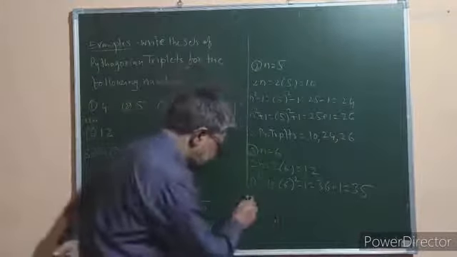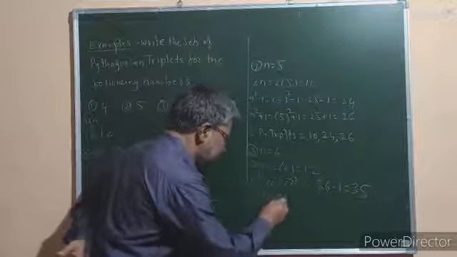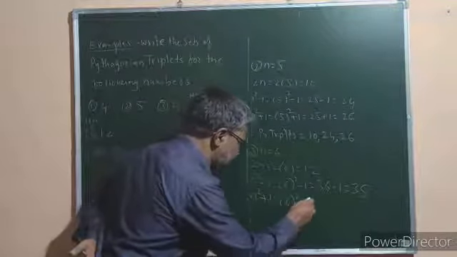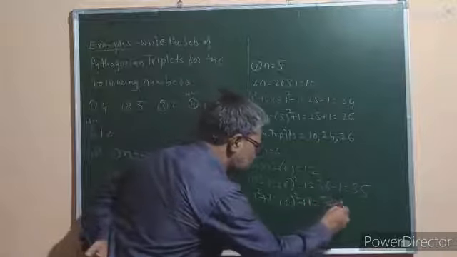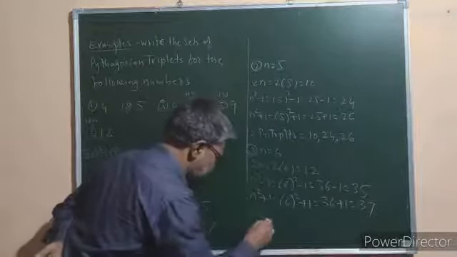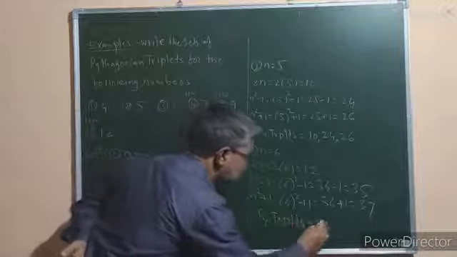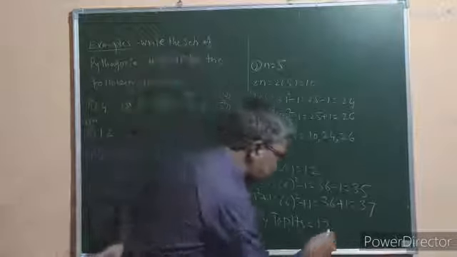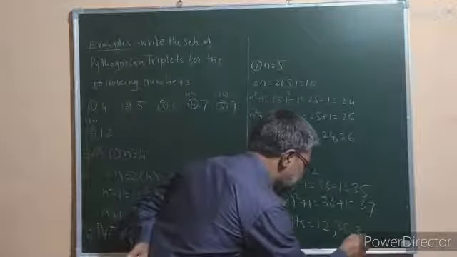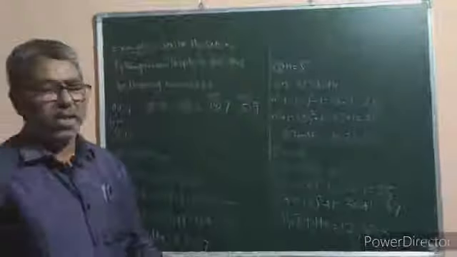And lastly, n square plus 1, that is 6 square plus 1, which is equal to 36 plus 1, which is equal to 37. Therefore, the Pythagorean triplet is equal to 12, 35, 37. So this is another set of Pythagorean triplets.